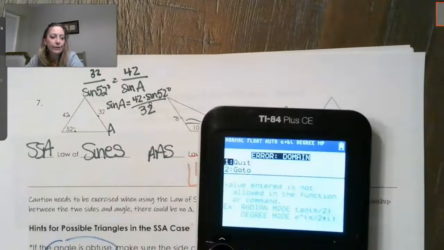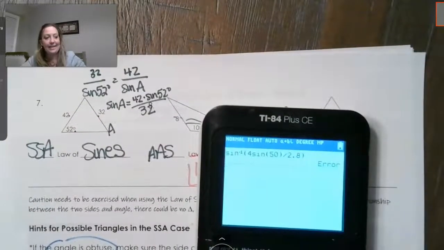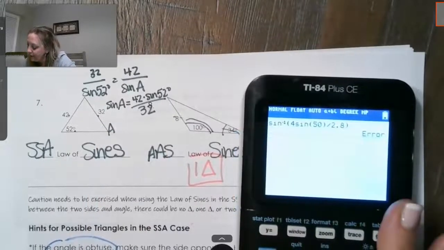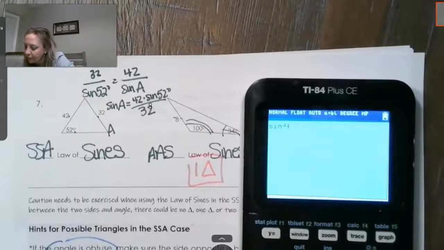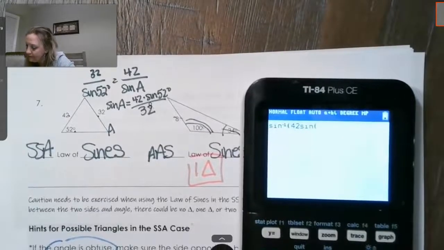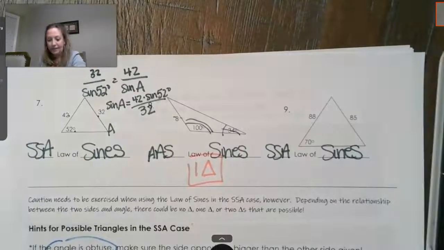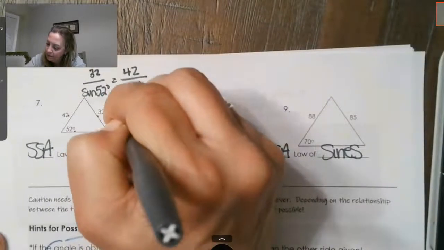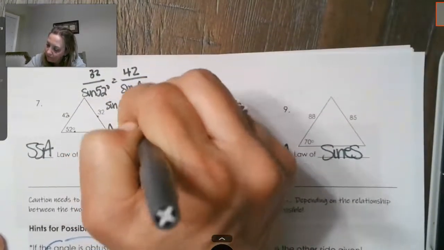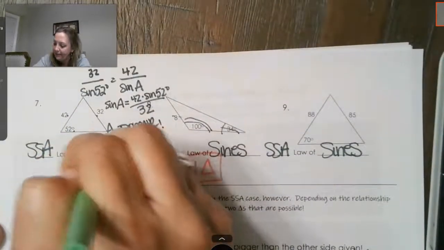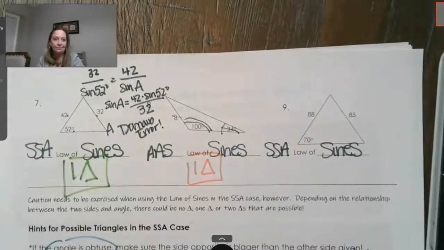And so to find that, we would take the inverse sine of 42 times the sine of 52, over 32. Oh, and I get a domain error again. And so because I have this domain error, that's nice. That means I just have one triangle.